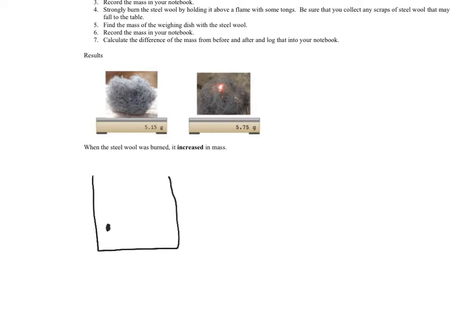Let's draw 4 particles of steel wool, and then represent some air particles up here. To explain the fact that the mass has increased, we can represent our particle diagram like this.